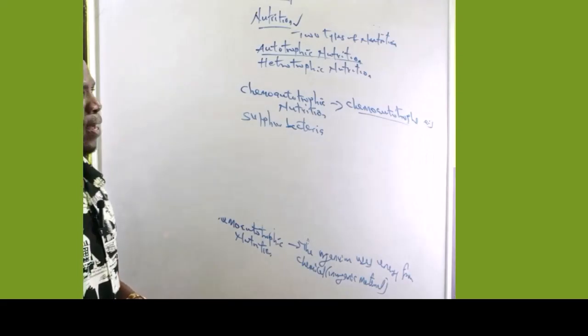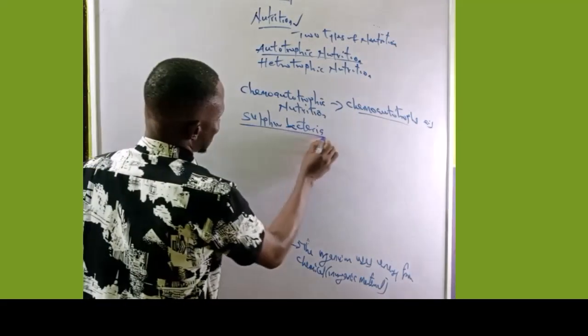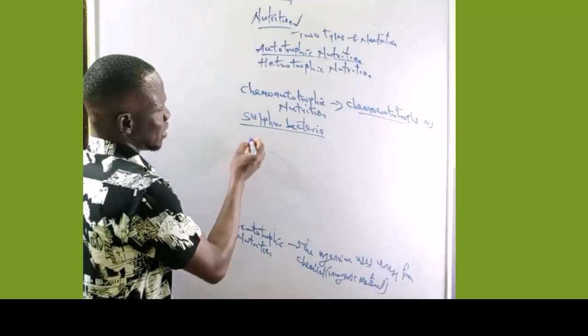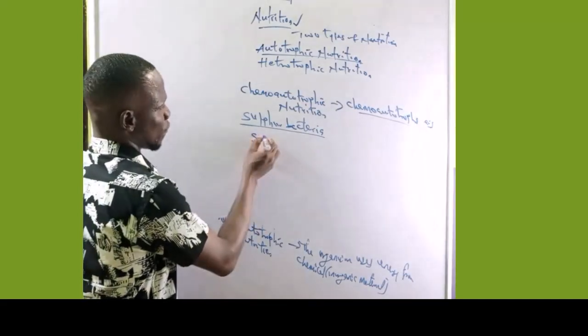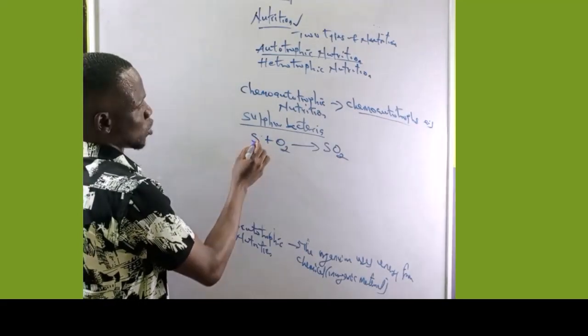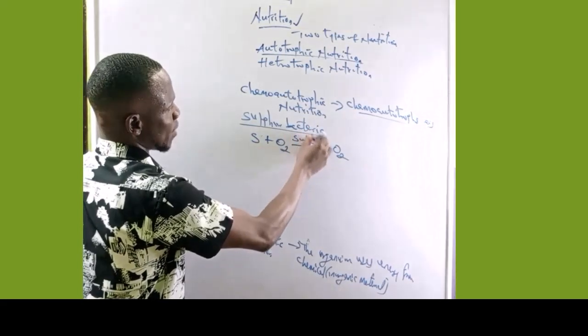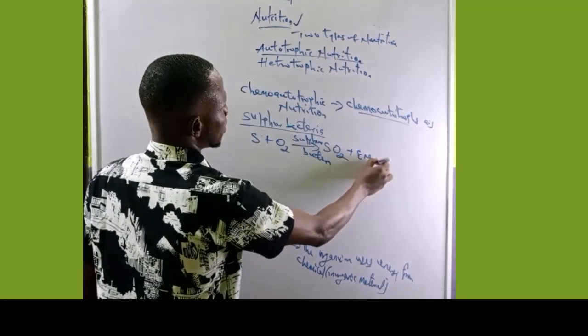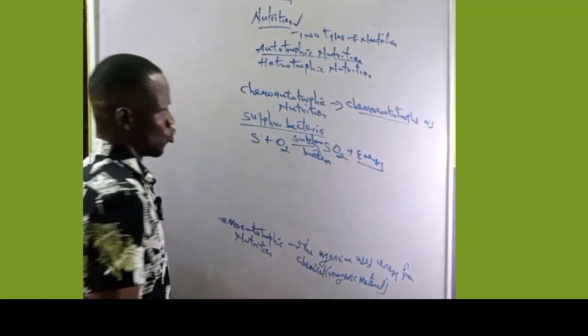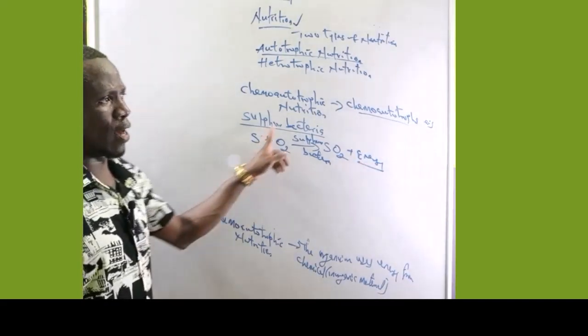Sulfur bacteria metabolize sulfur, and the energy derived from the oxidation of sulfur is used to produce their food.